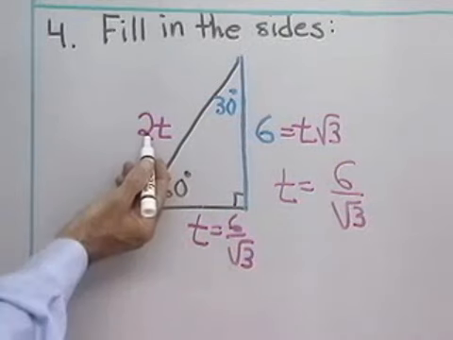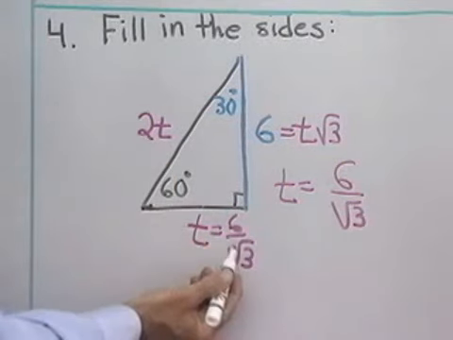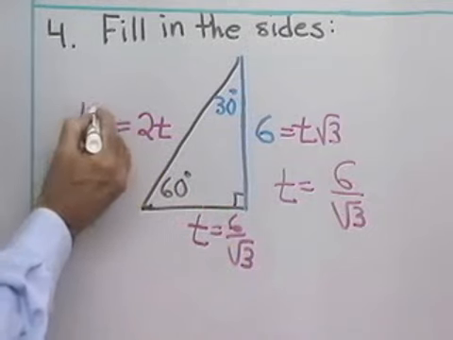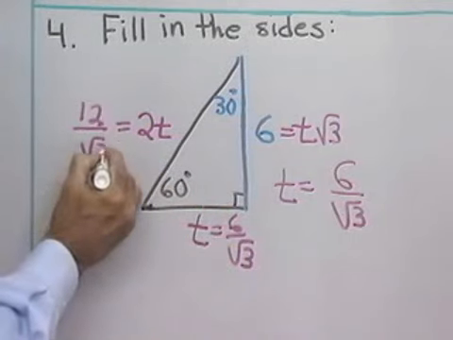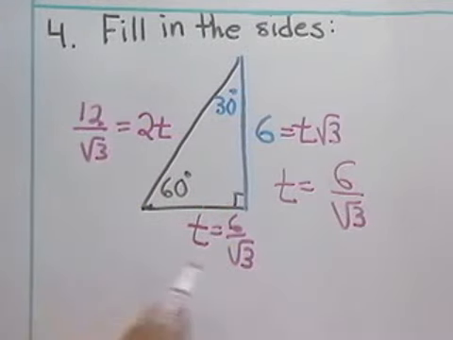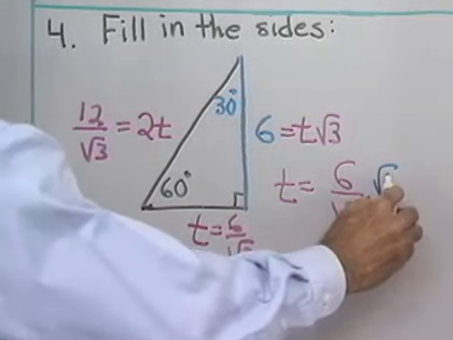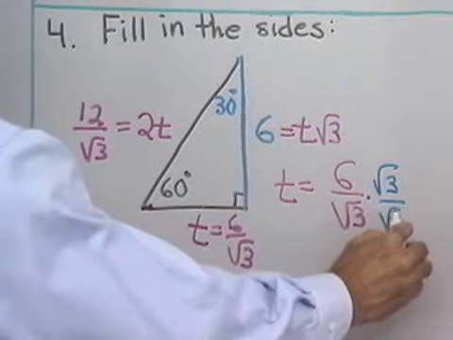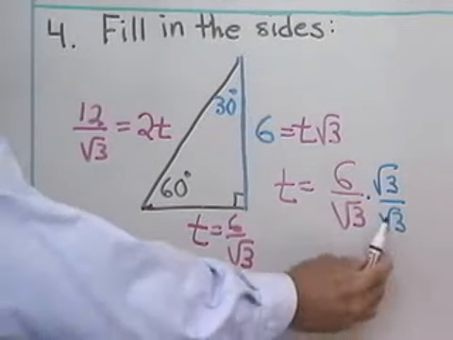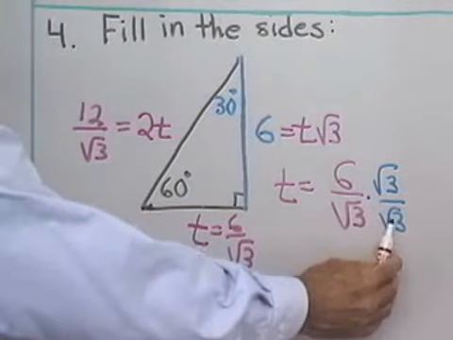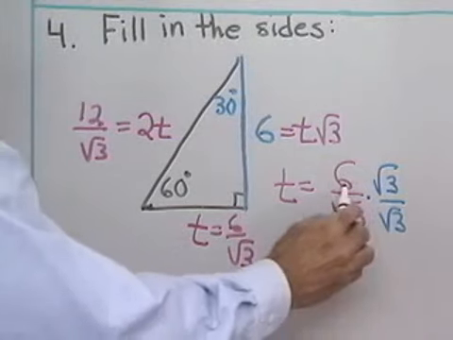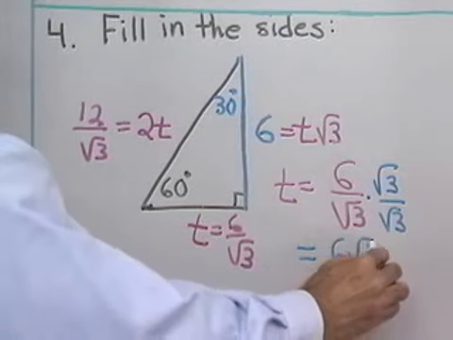And then the other side would be twice that, so 2 times 6 over square root 3 would be 12 over square root 3. And then remember with radicals in the denominator, we could, if we want, rationalize this denominator. I'll just do that real quick so we can see what this looks like. Multiply the numerator and denominator by square root 3. The numerator becomes 6 square root 3.